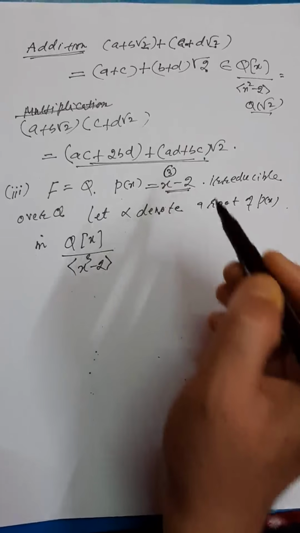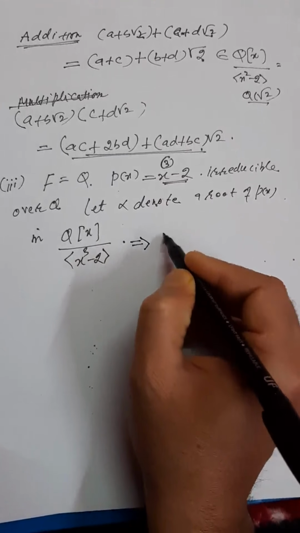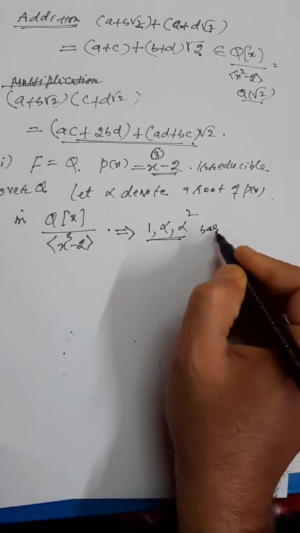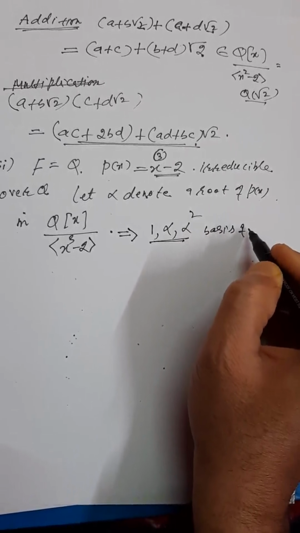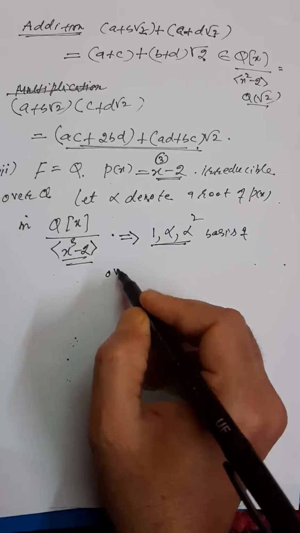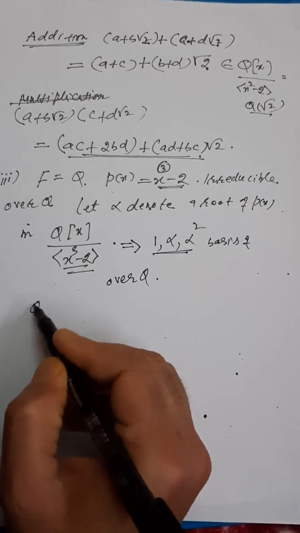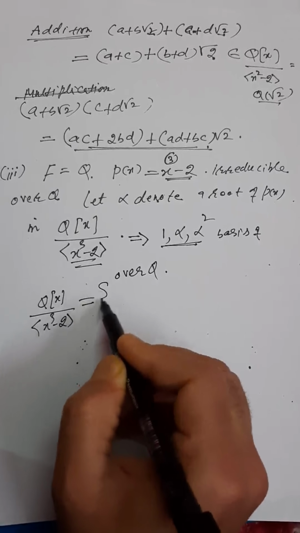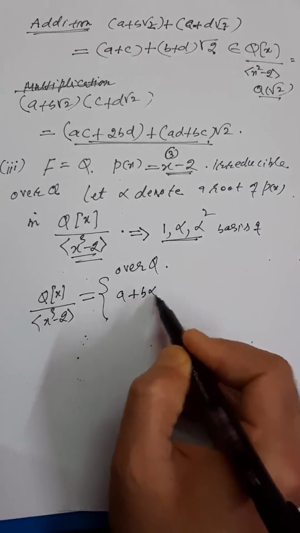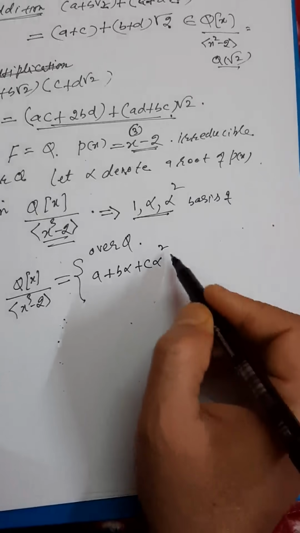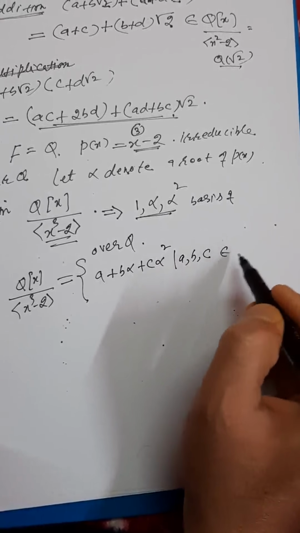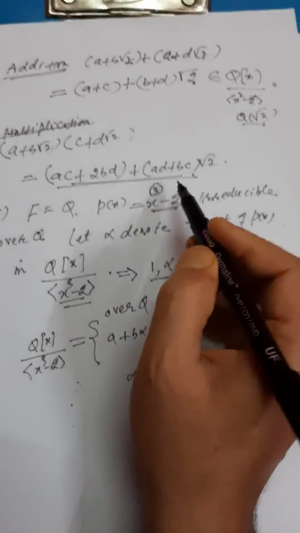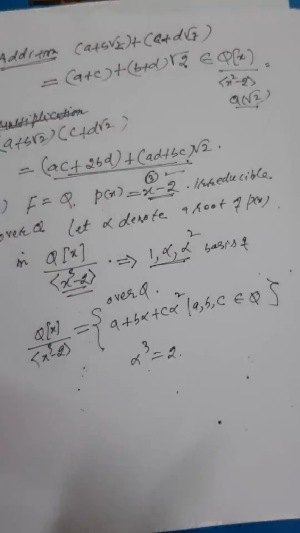This polynomial is of degree 3, so by the theorem, 1, alpha, alpha² would be a basis of this field over Q. So members of this field would be of the form A + B alpha + C alpha², such that A, B and C are rationals, and alpha has the property that alpha³ is 2, because alpha satisfies this equation.